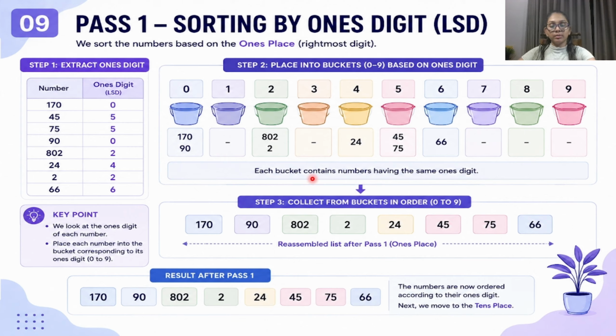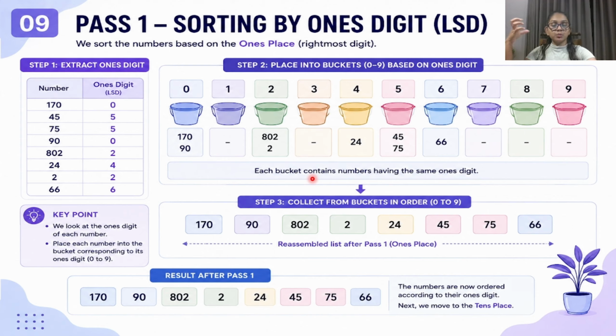Now here's the important part. We collect the buckets in order from 0 to 9. So first we take bucket 0: 170 and 90. Then bucket 1 is empty. Bucket 2 gives us 802 and 2. Bucket 3 is empty. Bucket 4 gives 24. Bucket 5 gives 45 and 75. Bucket 6 gives 66.